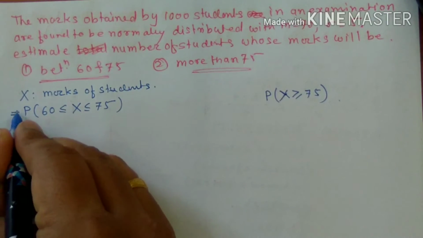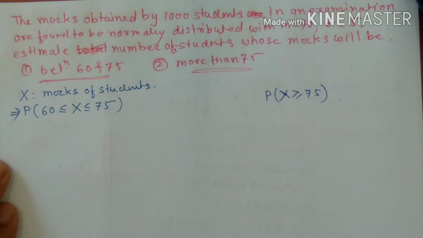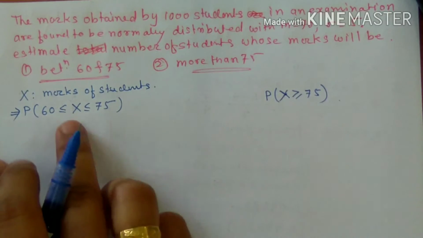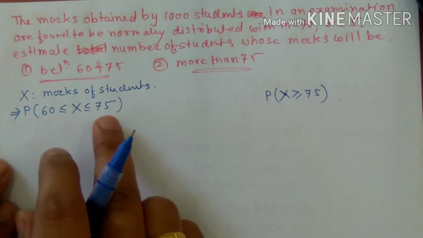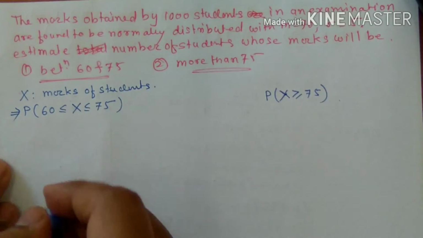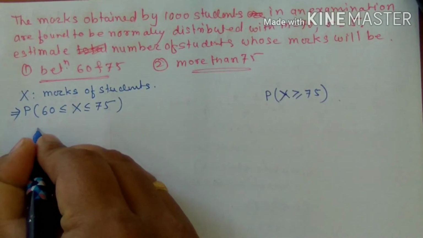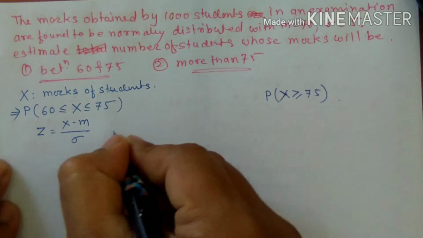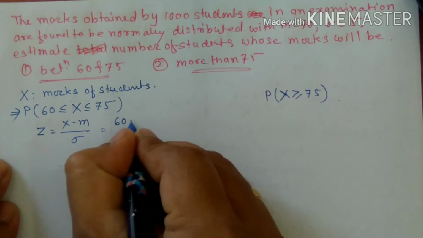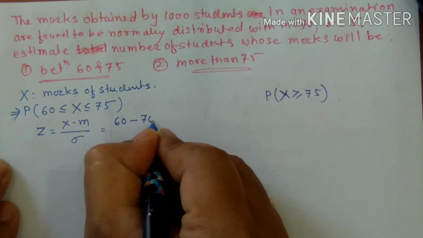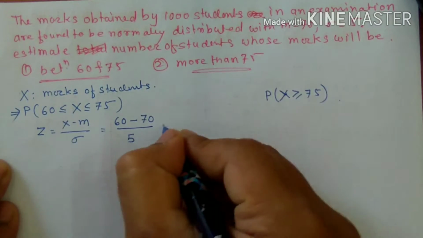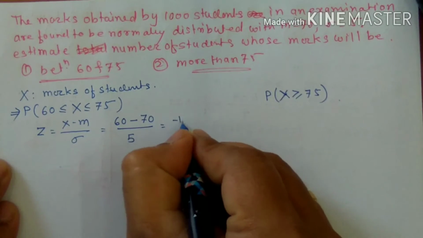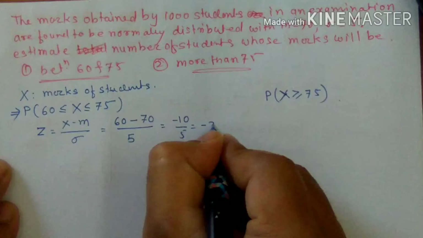I am going to discuss this one because I have discussed all possible cases in the previous lecture. This is the only remaining case regarding your area calculations. So first, Z is equal to X minus mean divided by sigma. Here X is 60, minus mean 70, upon sigma 5. So 60 minus 70, that is minus 10, upon 5, gives me minus 2.